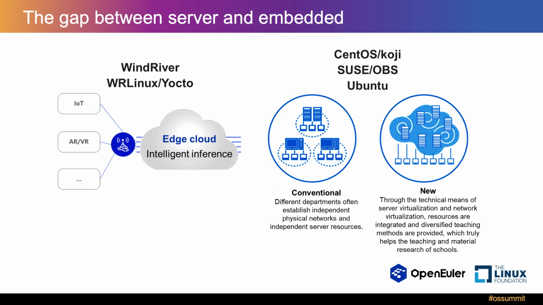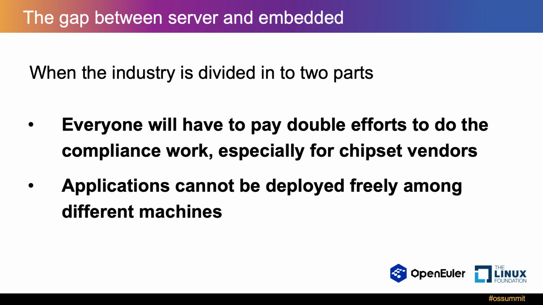With the current status, the industry is divided into two parts, and because of this, everyone in the OS industry will have to pay double efforts to do the compliance work, especially for the chipset vendors. If they want to compete in both scenarios, they have to do driver and optimizations for both OS types, as they have different packaging techniques and different dependency trees too.